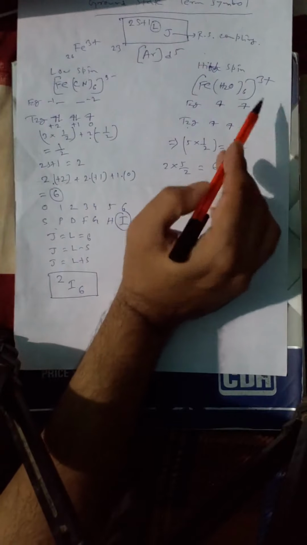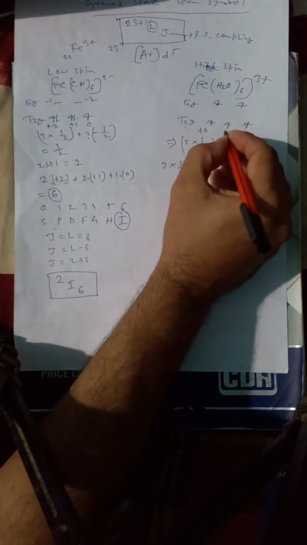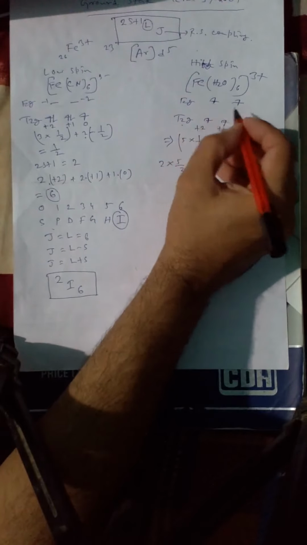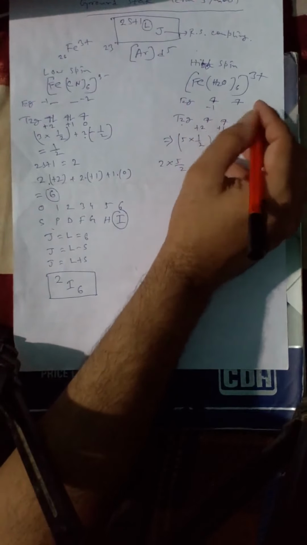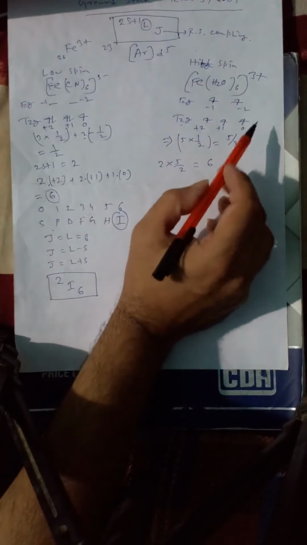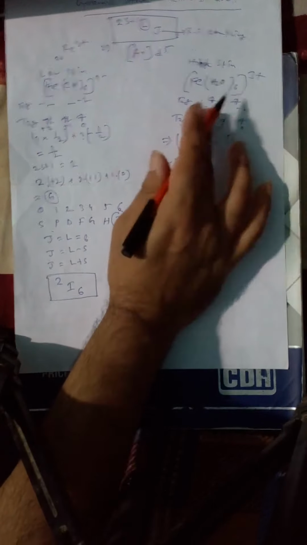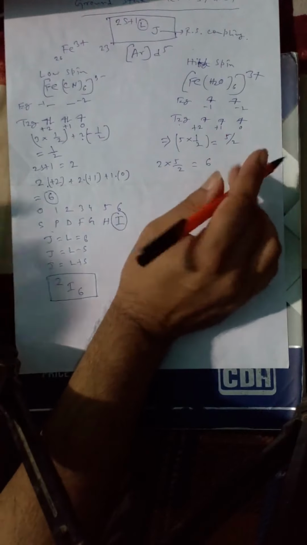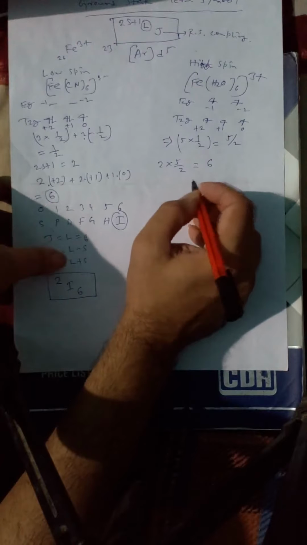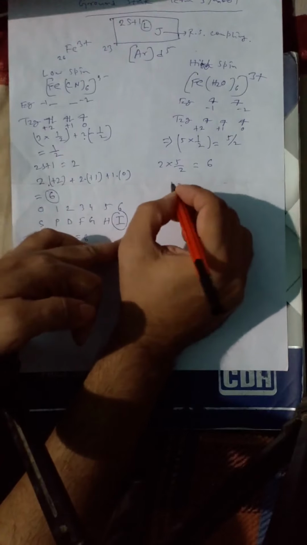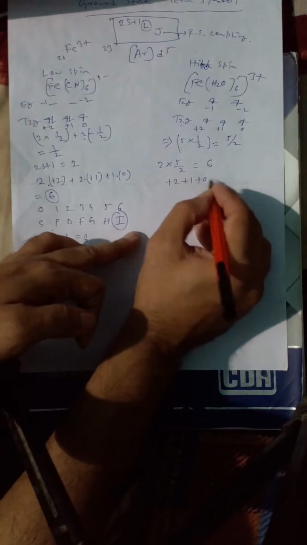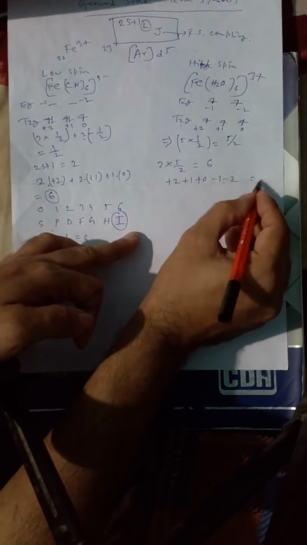Here the value of L we determine similarly: plus 2, plus 1, 0, minus 1, minus 2. Here we have 1 electron in each of those orbitals. The total angular momentum is 0.